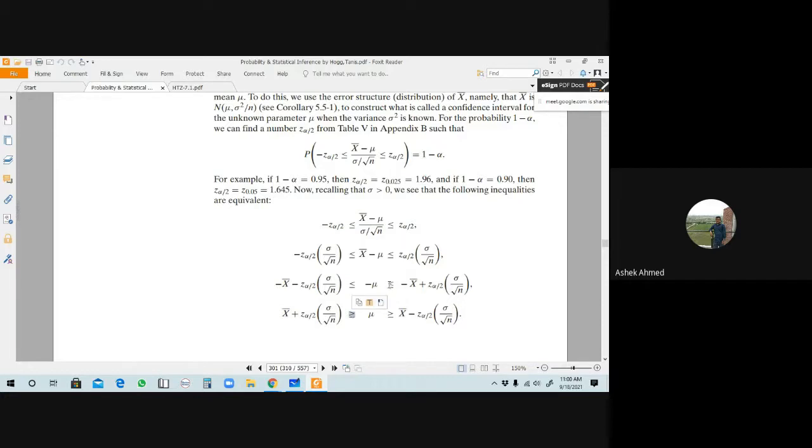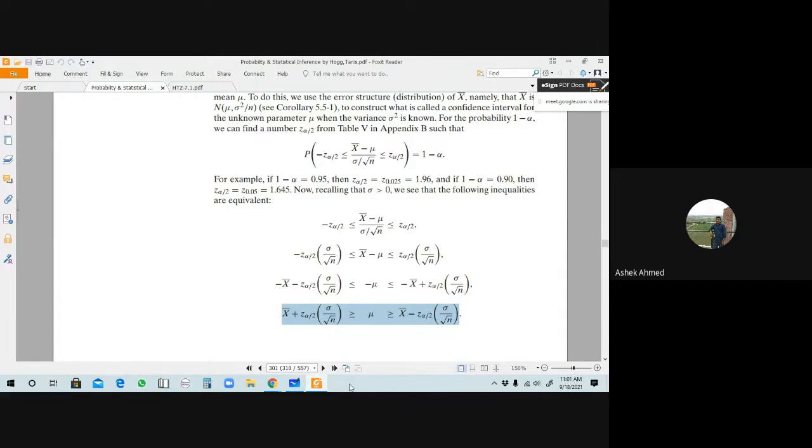Okay, similarly this is less than, this is greater than, but this will be equal to x bar minus z suffix alpha by 2 into sigma by root over n here. Okay, so this will be the result for the confidence interval for mu. তোমাদের এটাই মনে রাখতে হবে. Okay, this is the formula for determining the confidence interval for mean mu.